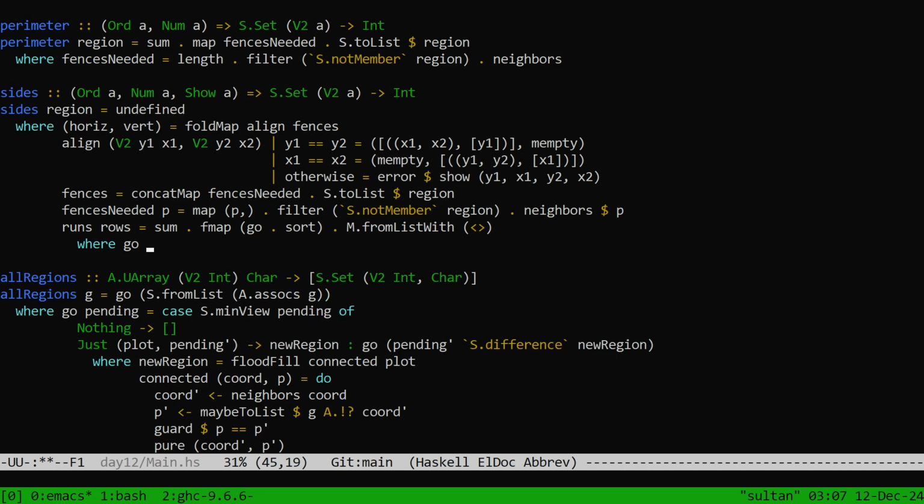Well, I want a function that takes in a sorted list and produces how many consecutive sequences are within it.